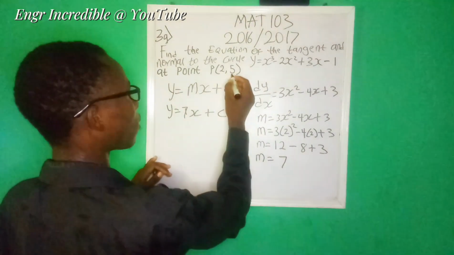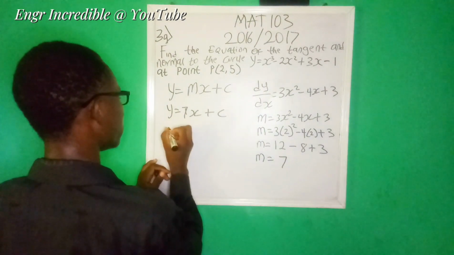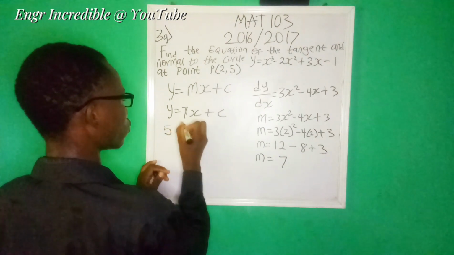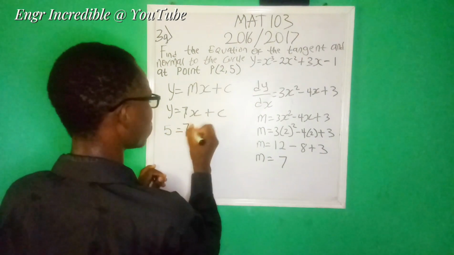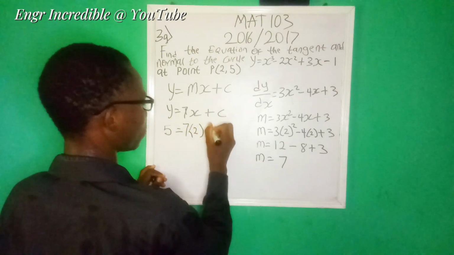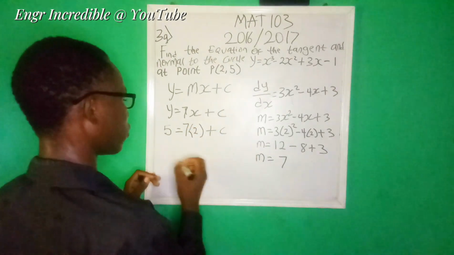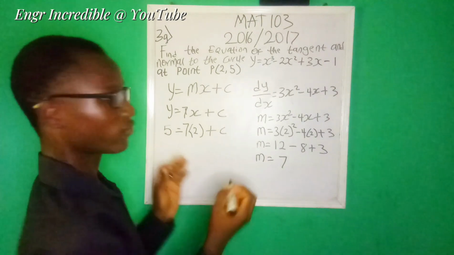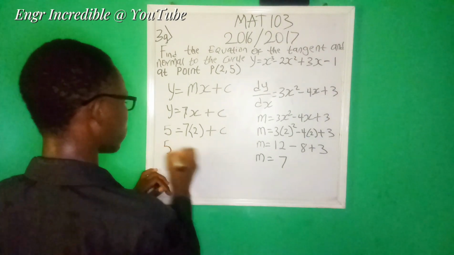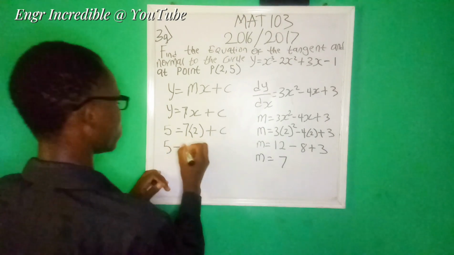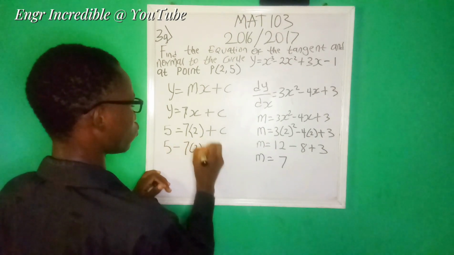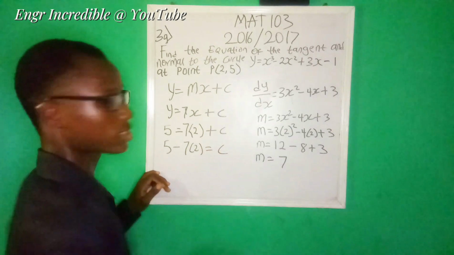Here we have y equals 5. So we have 5 equals 7 times x, where x equals 2, so 7 times 2 plus c. From here we can make c the subject of the formula.